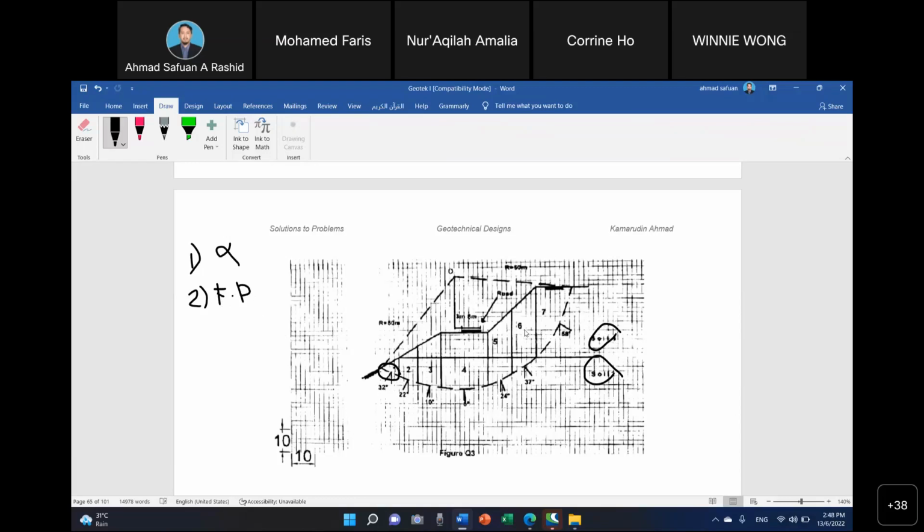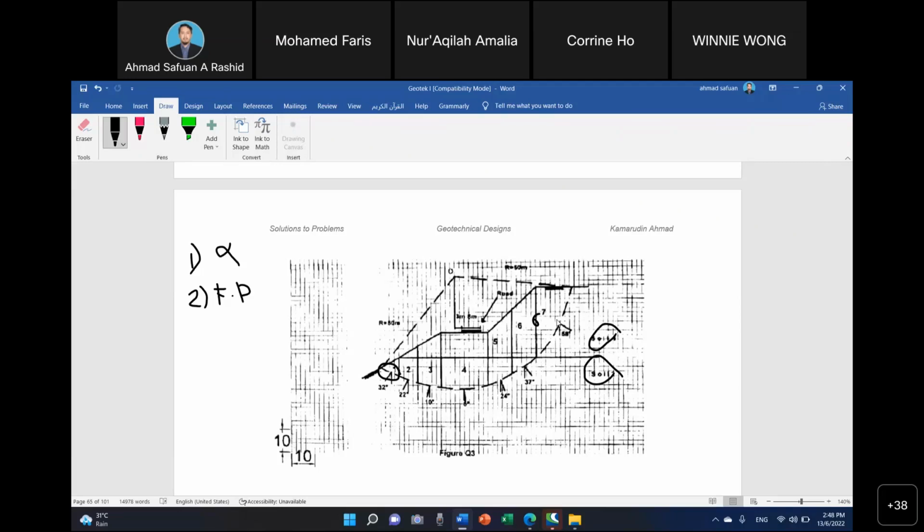Let's say number 6 and number 7. When you draw the slices, you cannot combine number 6 and number 7 as one slice. If you combine them as slice number 6, later on you may find out that the failure plane for slice number 6 is a different type of soil compared to slice number 7.